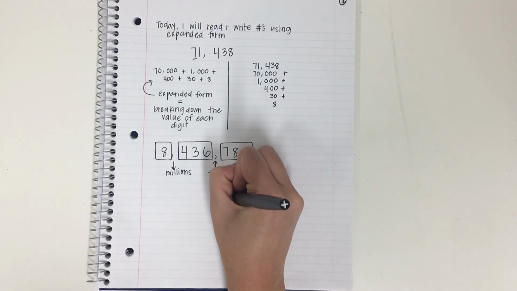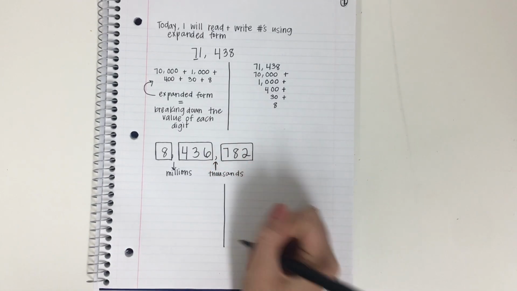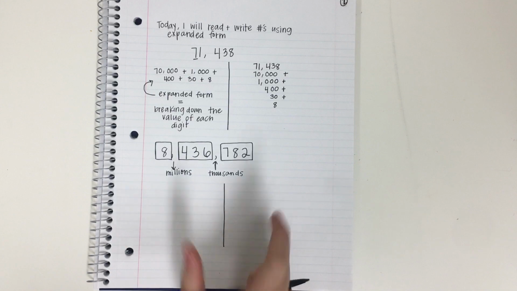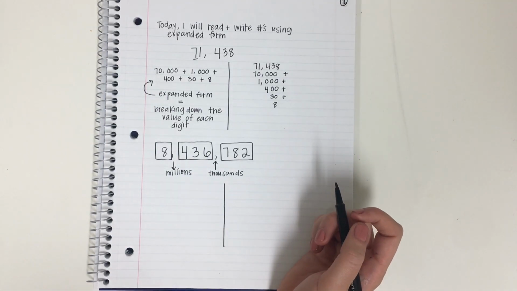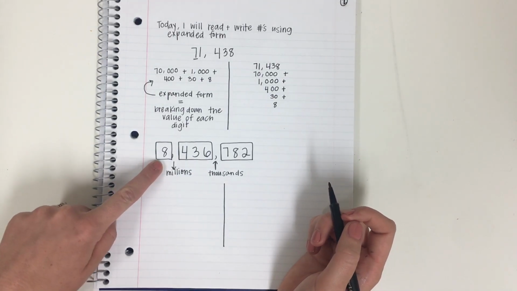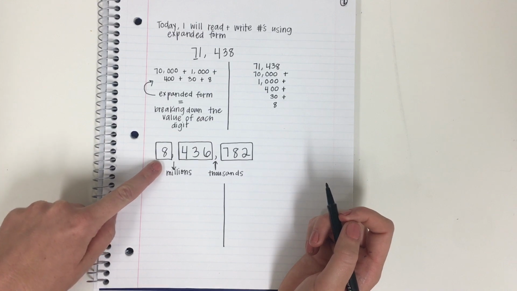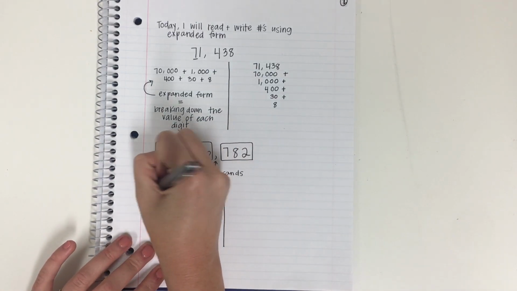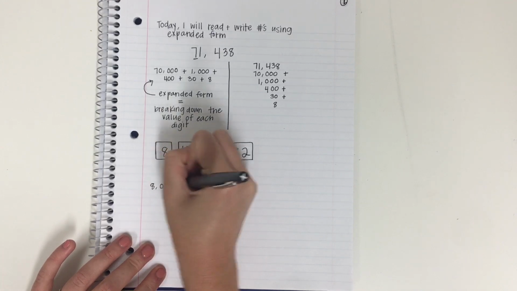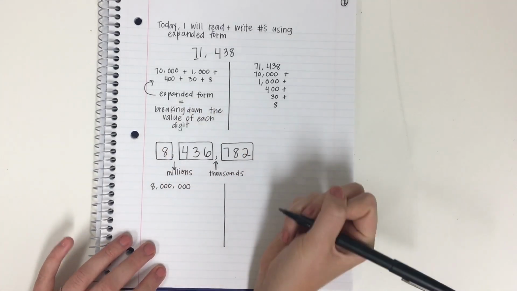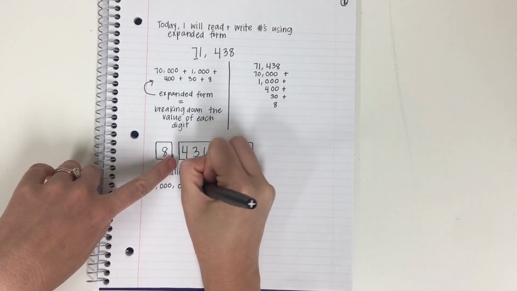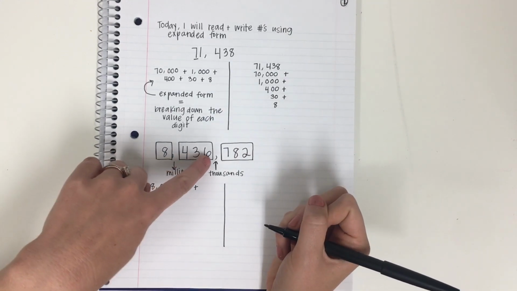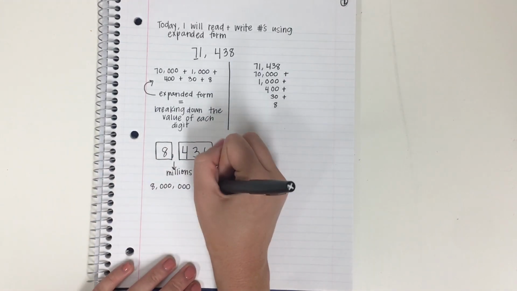So I'm going to split my page again. You don't need to unless you want to do both, but you can choose which method works for you. I'm going to take my largest value, which is my 8 million, because that's my highest value digit. So I'm going to say 8 million plus 436,000.